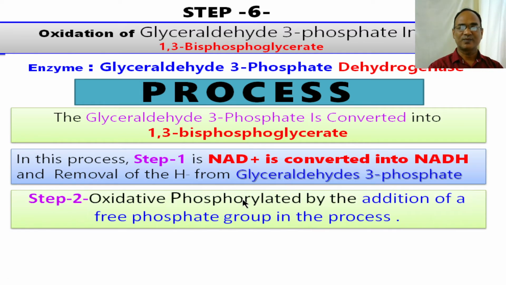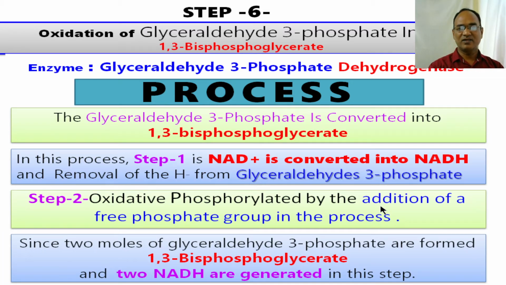In step 2, the oxidative phosphorylation process, we add one more phosphate into glyceraldehyde 3-phosphate and make it 1,3-bisphosphoglycerate. Since two molecules of glyceraldehyde 3-phosphate are formed from one glucose, two NADH are generated in this phase.